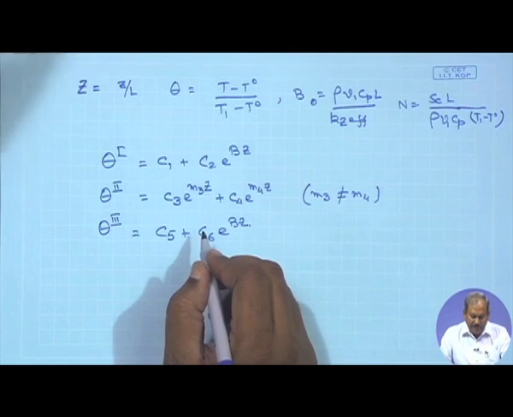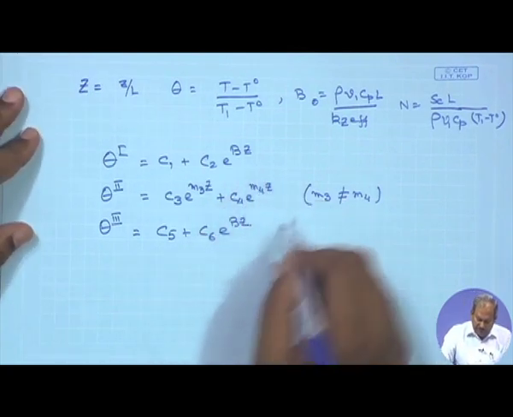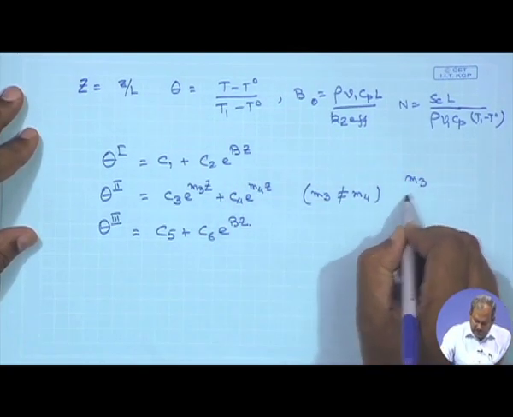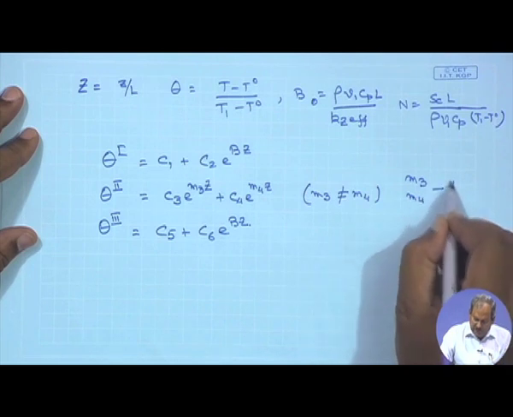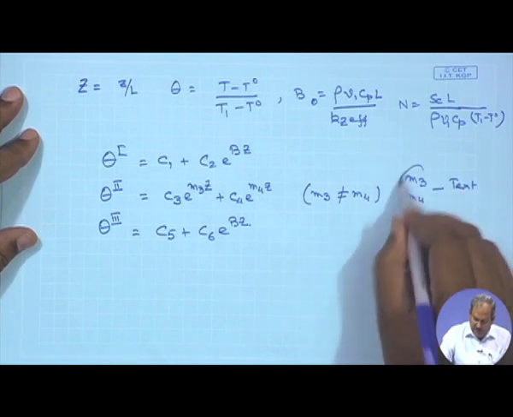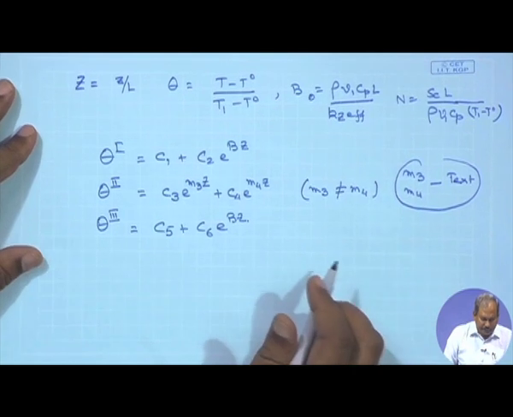Now, the values of M3, M4, etc. are given in your text, so I am not writing them over here.